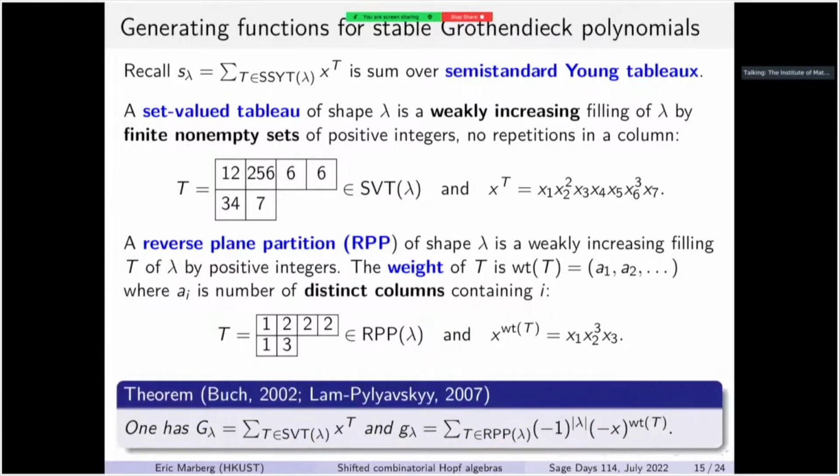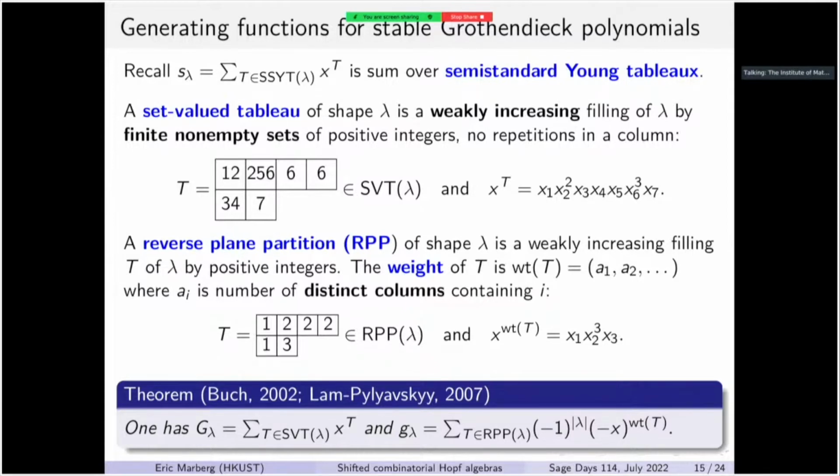Okay, so the first theorem here is that G lambda, which we already saw, is the sum over all set-valued tableaux of these weights. And the second part should be taken as a definition, because I think I left out one key fact.